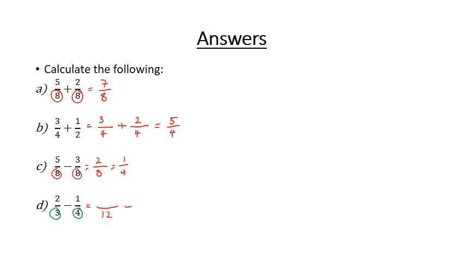And we know from our previous slides that our lowest common multiple of 3 and 4 is 12. So this first fraction becomes 8/12. The second fraction becomes 3/12. And this is very similar to the example we did, where we end up with 5/12.